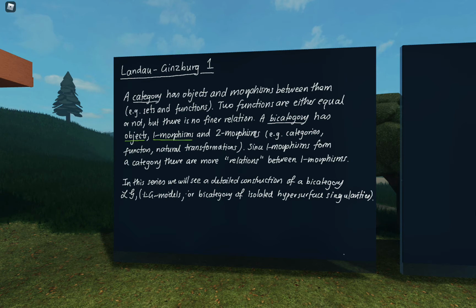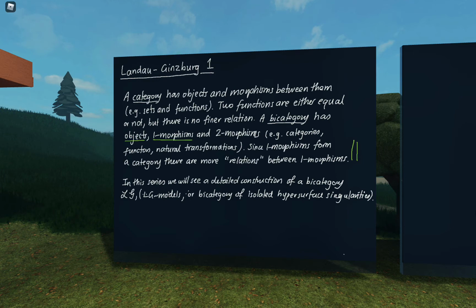And in that concrete bicategory, we're going to be looking at a specific instance of this general pattern of there being interesting relations between one morphisms. One of the threads of the seminar series will be the relation between that additional structure between one morphisms and computation.